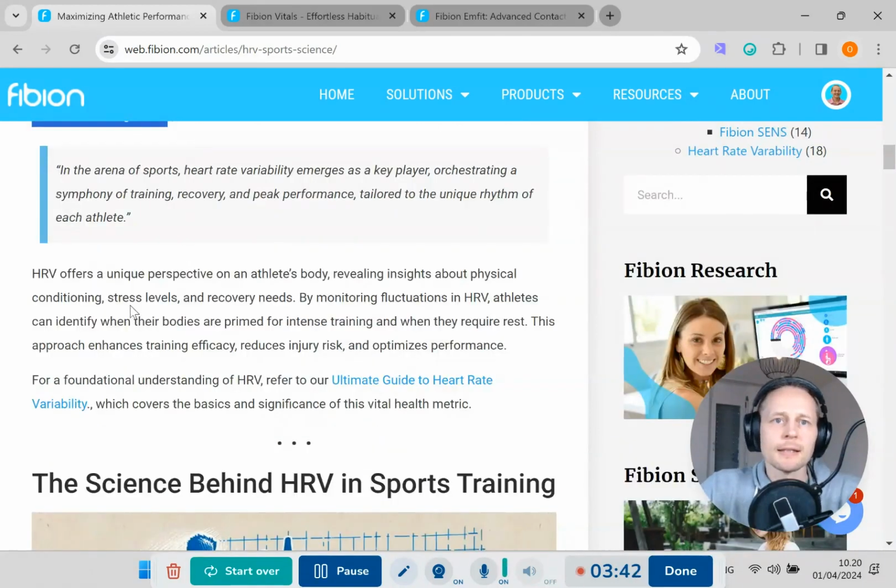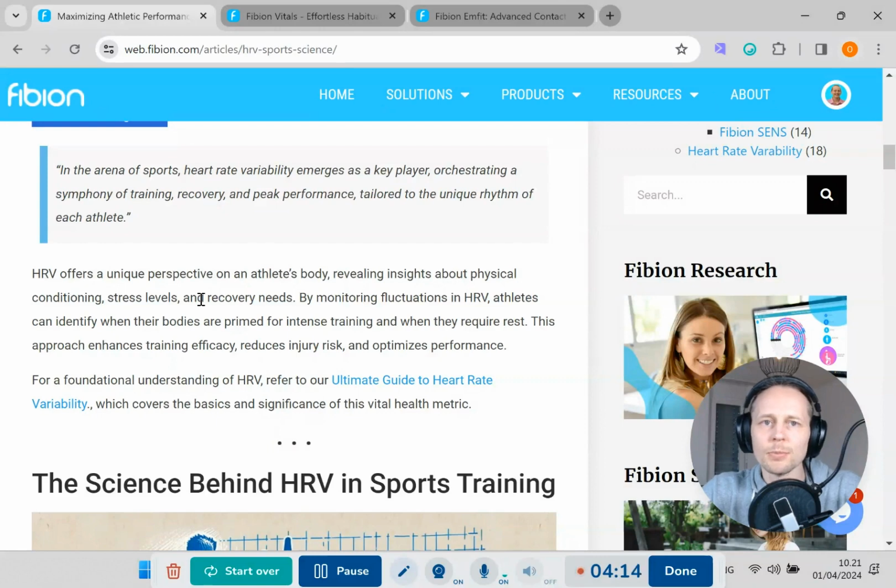And like said, by monitoring the fluctuation in HRV, athletes can identify when their bodies are primed for intense training and when they are requiring more rest. So it's very important if we think athletic training, especially in sports where the skill is not the important factor, but it's more about, for example, aerobic fitness or aerobic performance.